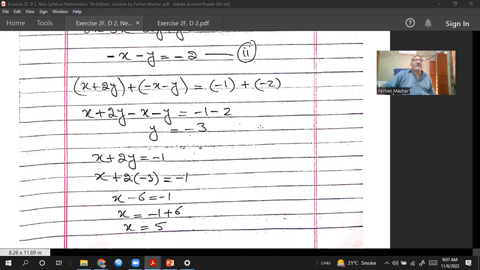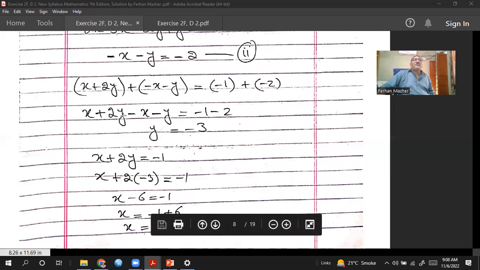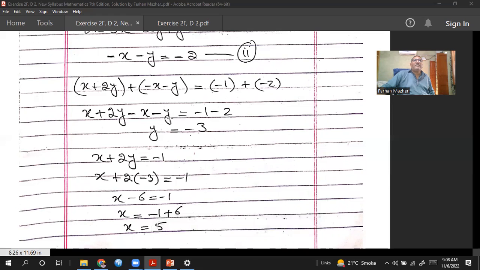So x plus 2y plus bracket minus x minus y bracket close equals minus 1 plus bracket minus 2 bracket close. It will be x plus 2y minus x minus y equals minus 1 minus 2. The x cancels. So 2y minus y, it will be y equals minus 1 minus 2, that's minus 3. So the value of y is minus 3.